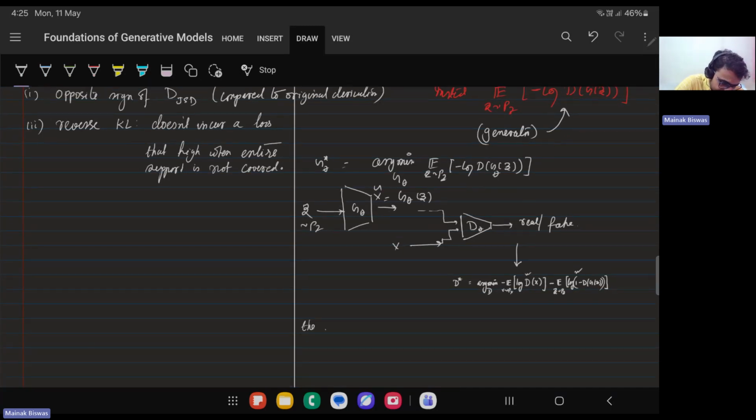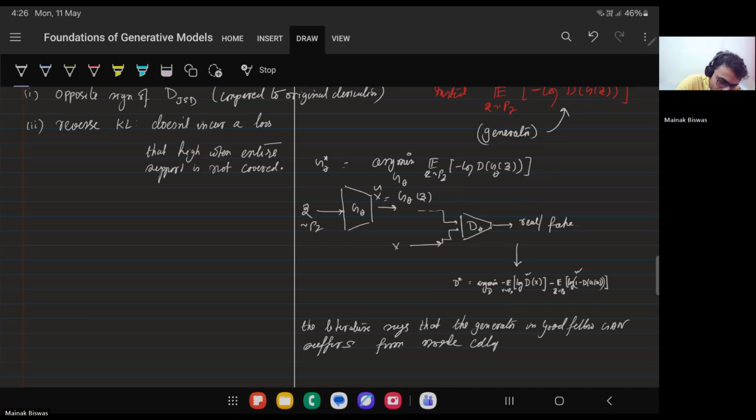But we will see that the literature says that the generator in Goodfellow GAN suffers from mode collapse. And what is mode collapse?